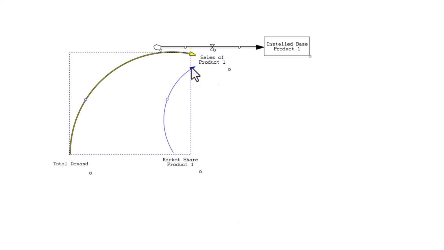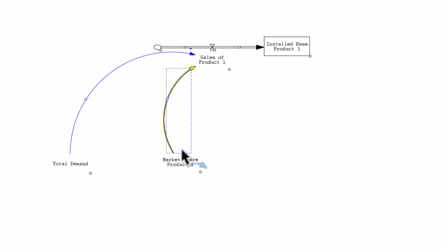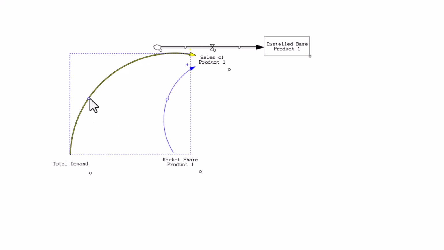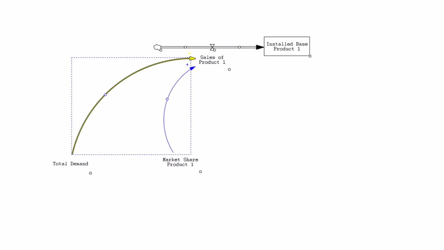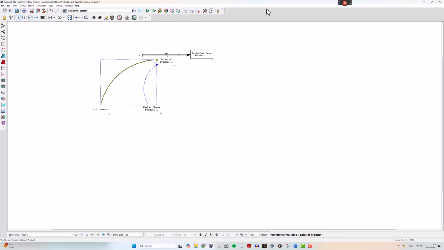We add a plus sign to each connector. Now, the positive or negative sign tells us the relationship. So the plus sign means that an increase in the total demand leads to an increase in the sales of Product 1. And an increase in market share leads to an increase in the sales of Product 1.